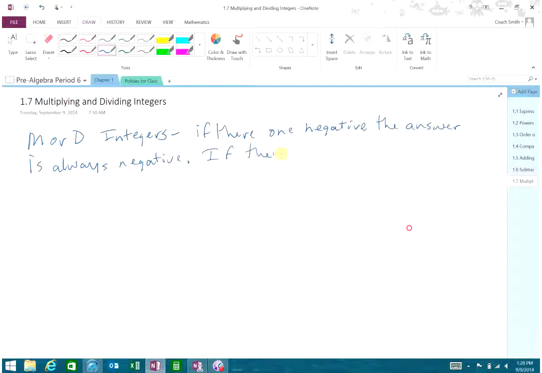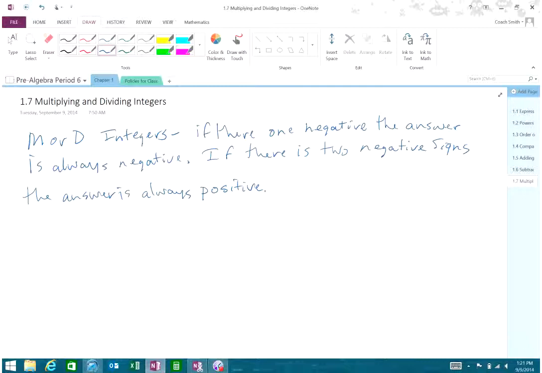If there are two negative signs, the answer is always positive. Okay, if there's one negative, the answer is always negative. If there's two negative signs, the answer is always positive. Okay, now this only applies to multiplication or division. Okay, so this is different than adding or subtracting.